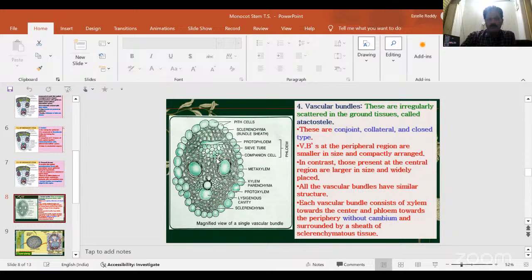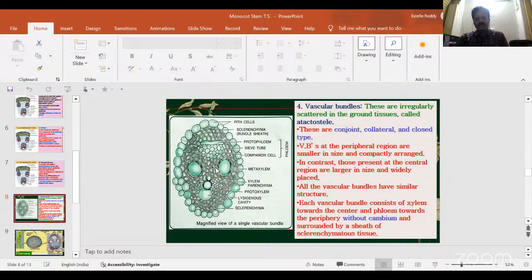If you observe closely, there is no cambium, no vascular cambium. There is no vascular meristematic tissue in monocot vascular bundle. That's why this type of vascular bundle is called closed vascular bundle.